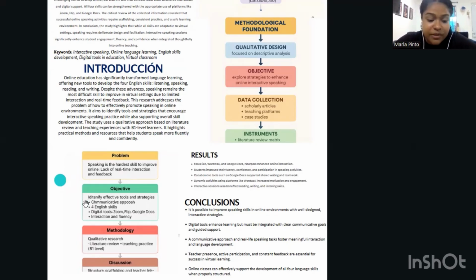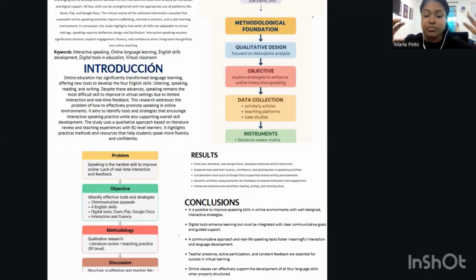The objective here was to identify effective tools and strategies to improve communication and the English skills. Digital tools like Zoom, Flip, and Google Docs are very useful for these kinds of goals.